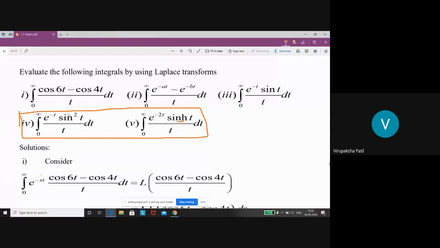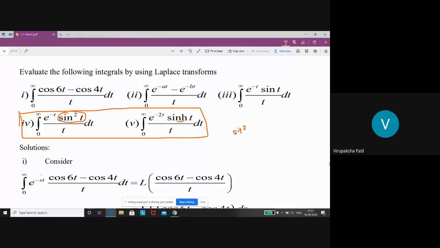When you consider this fourth example, first you need to consider this example, no issues with the st, avoiding this. Then next again, use the third property, it becomes Laplace transform of sine square t. This sine square t should be converted in terms of standard form using which formula? Which one you are going to use? 1 minus cos 2t divided by 2. Yes, very good. I'm sorry, the mouse is not moving there.